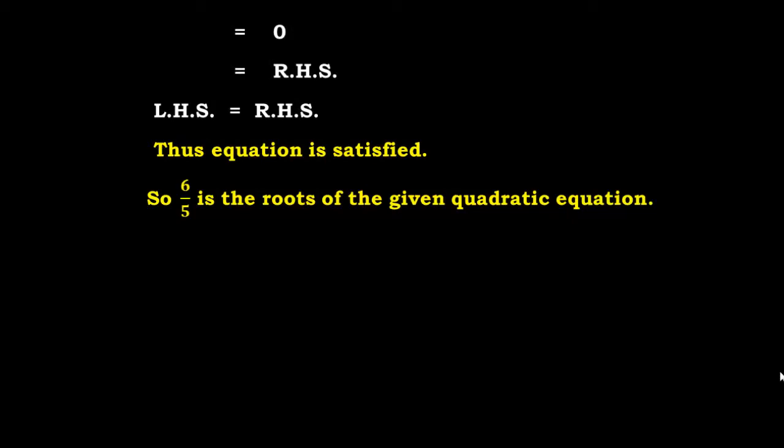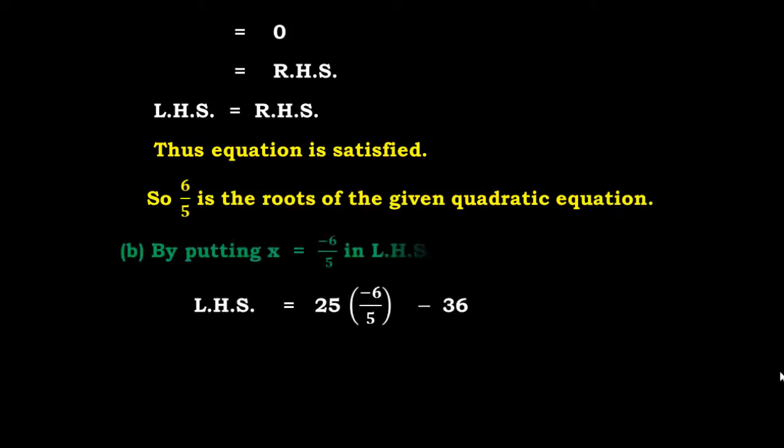We have one more value, so by putting x equals minus 6 upon 5 in LHS we get 25 into minus 6 upon 5 the whole square minus 36. See, minus 6 upon 5 will become square after square, plus.